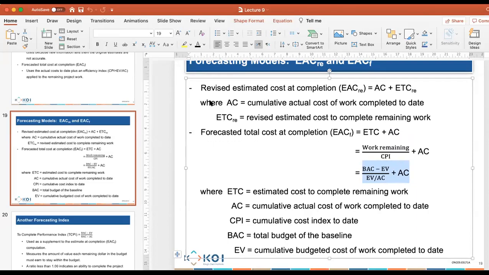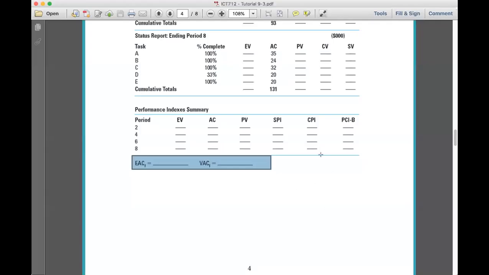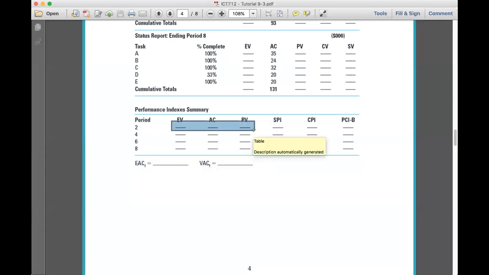Let's start. Tell me, what do we have here, guys? Period 2, what do we have? $46, $37, and $32.